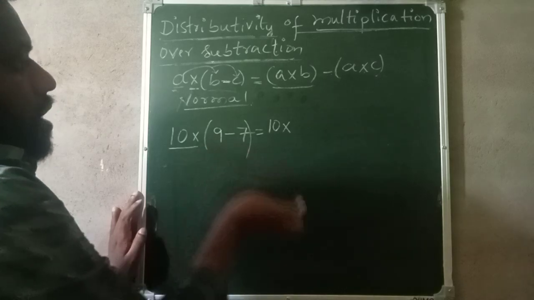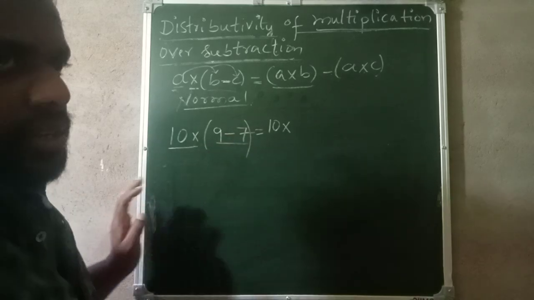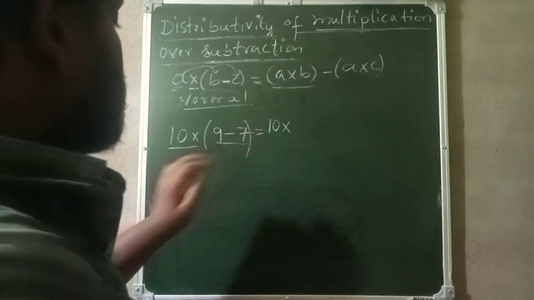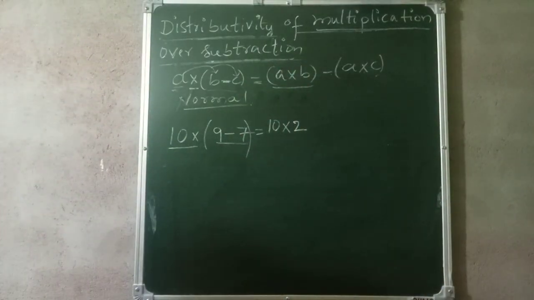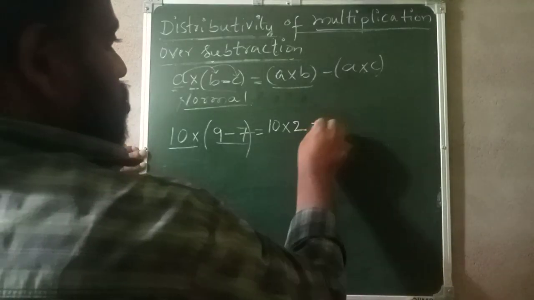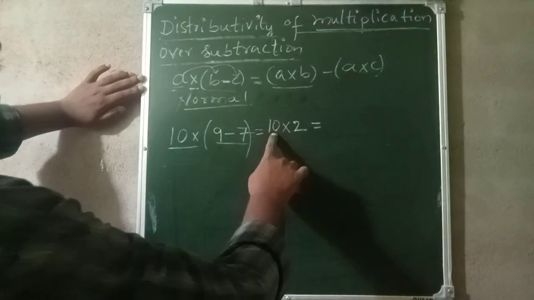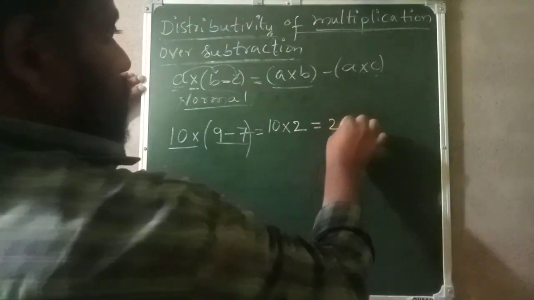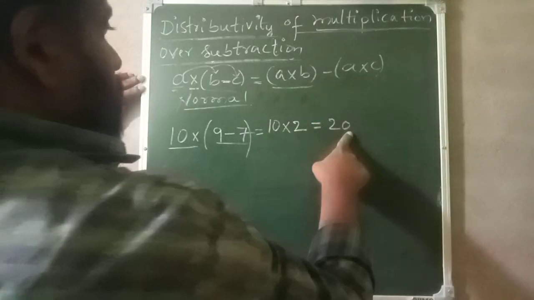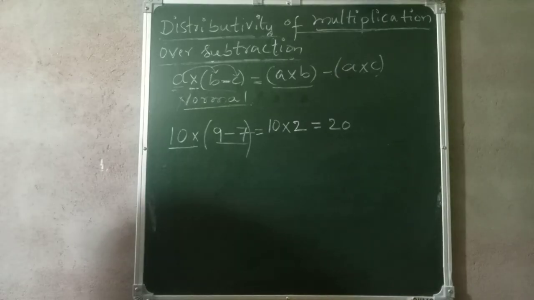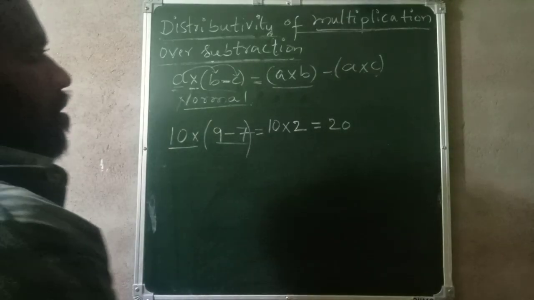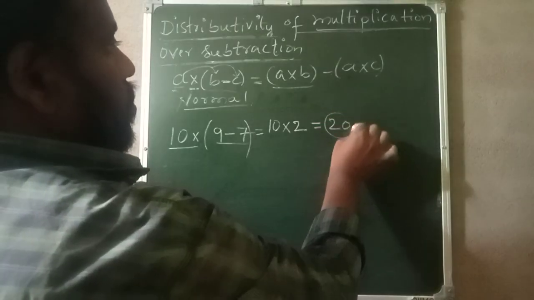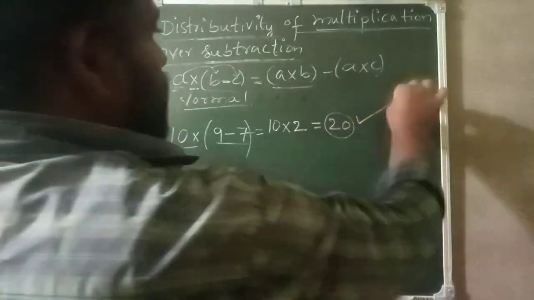So inside this bracket we have 9 minus 7. 9 minus 7 is what? 2. Okay. So this is equal to 10 into 2 is what? 20. 10 2s are 20. So using normal multiplication, we got 20 as the answer.